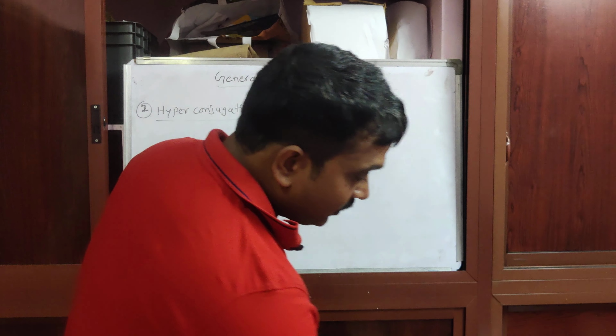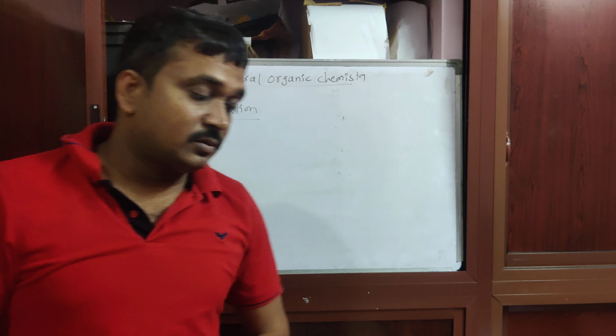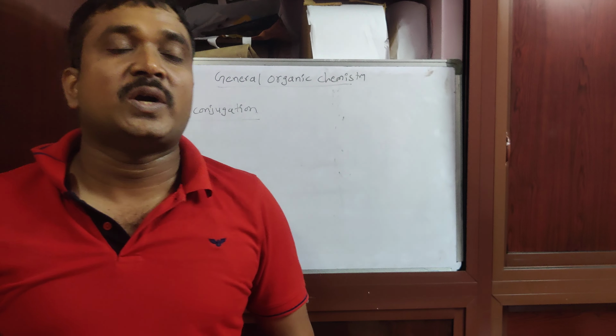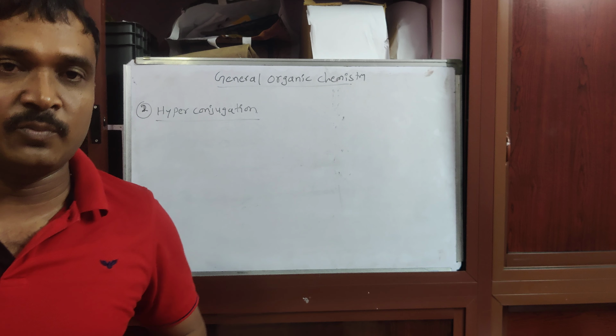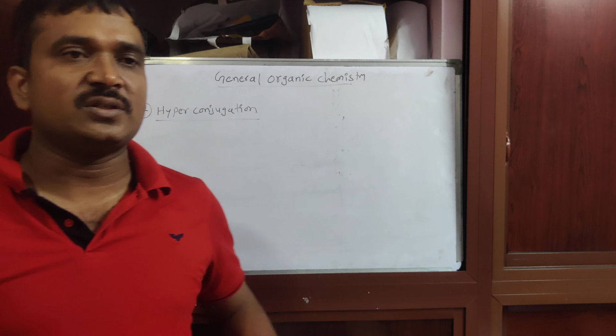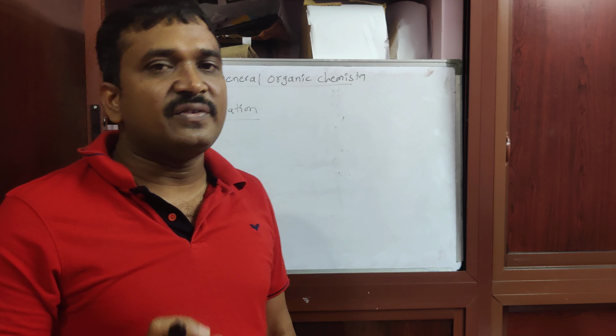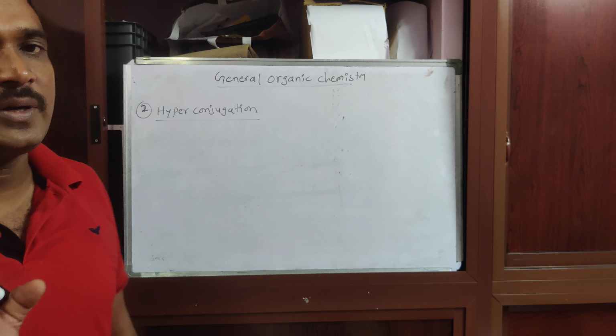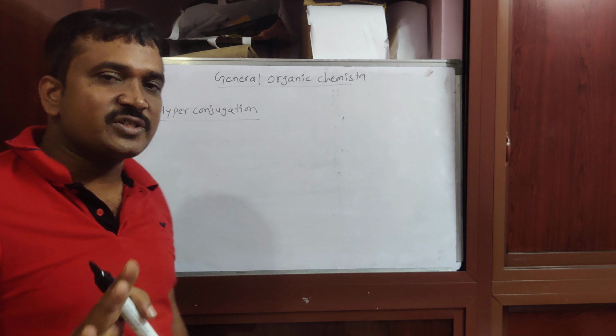So far we discussed which compounds show hyperconjugation and what the conditions are. Next we discuss in different molecules how it shows hyperconjugation and how to calculate the hyperconjugation structures.